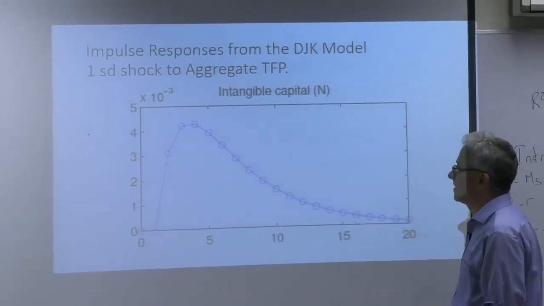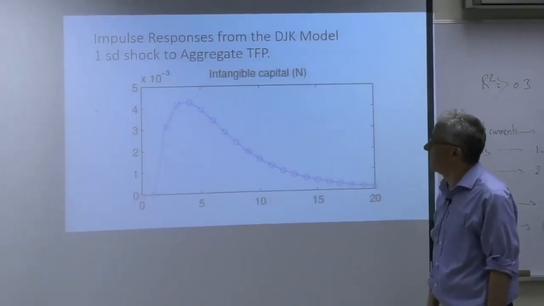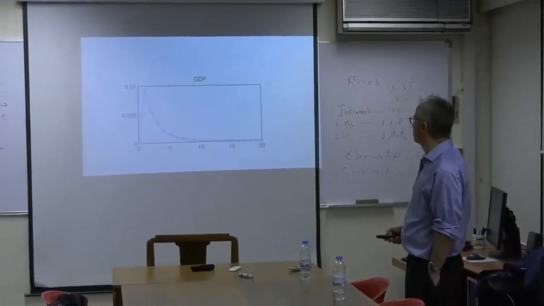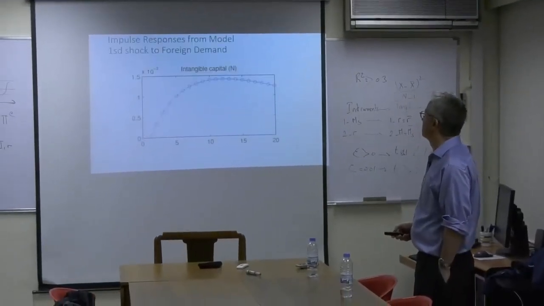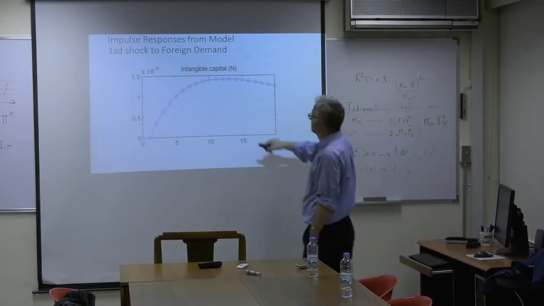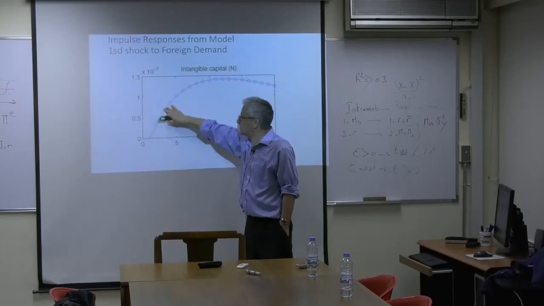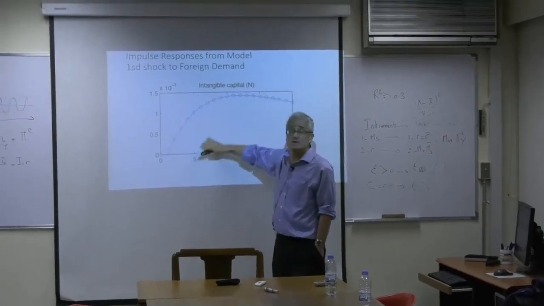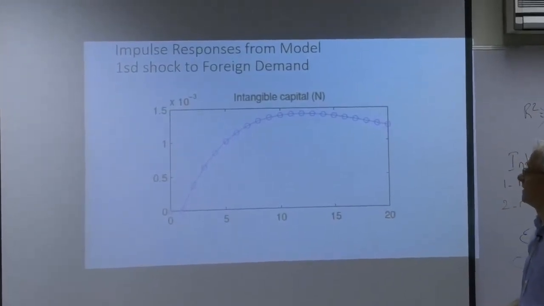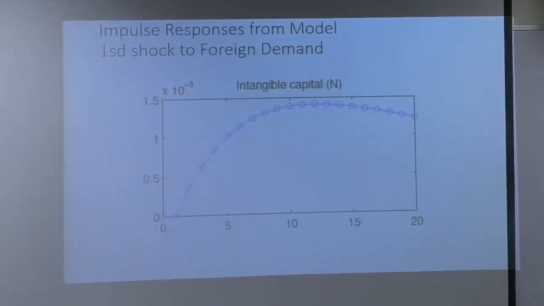It goes up and then it comes down over time. And then you could look at how the number of products behaves when you have these foreign demand shocks. Actually, it's increasing there and staying high.